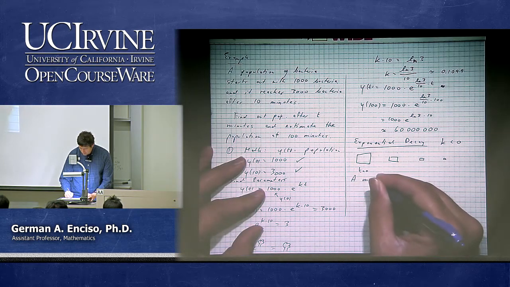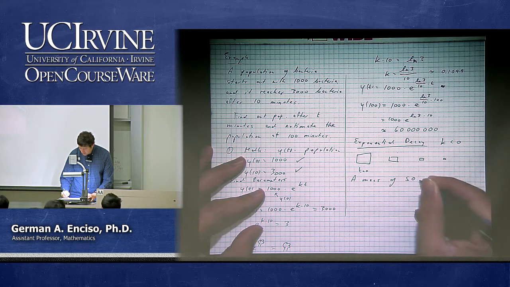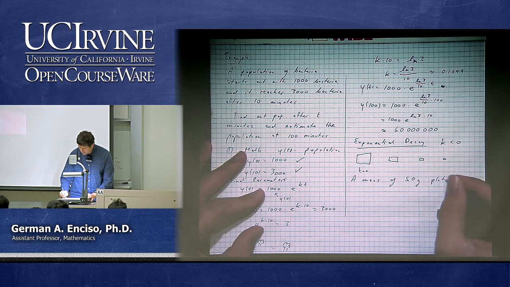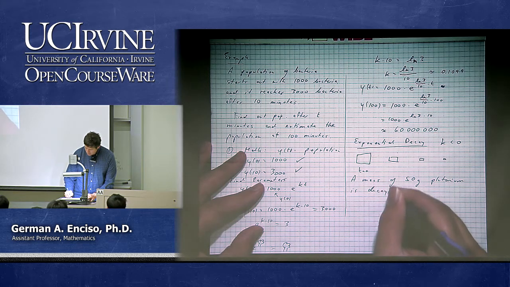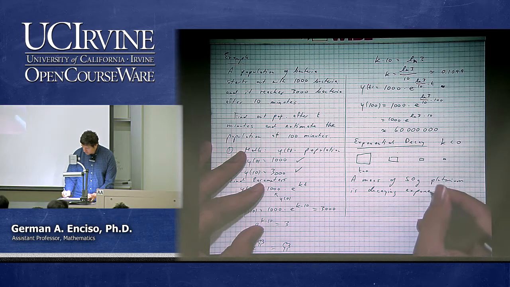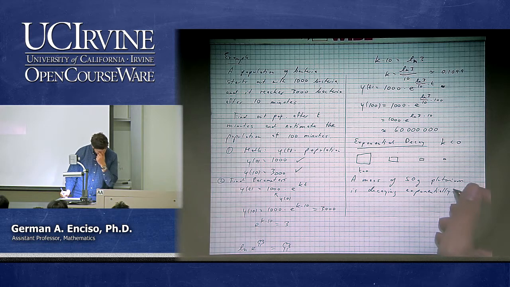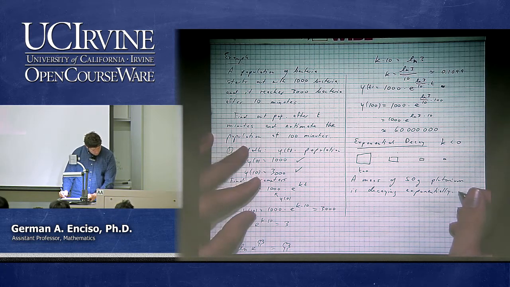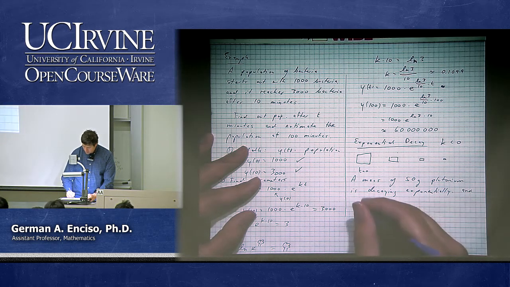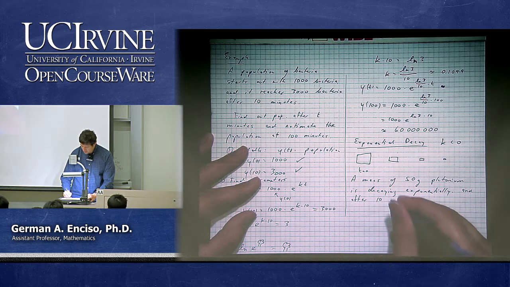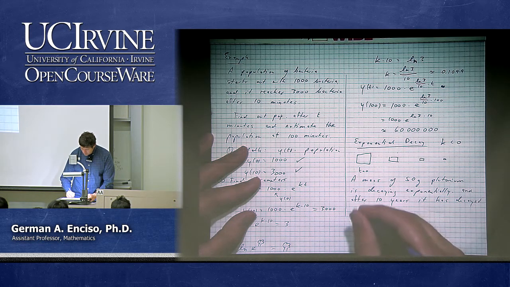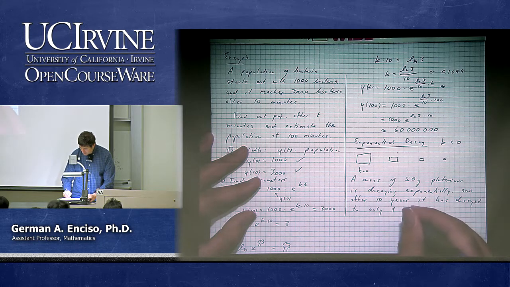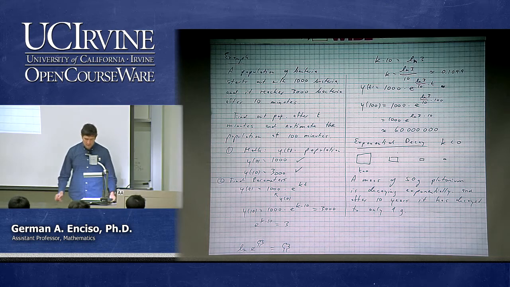A mass of 50 grams of plutonium is decaying exponentially, and after 10 years, it has decayed to only 1 gram out of a starting mass of 50 grams.